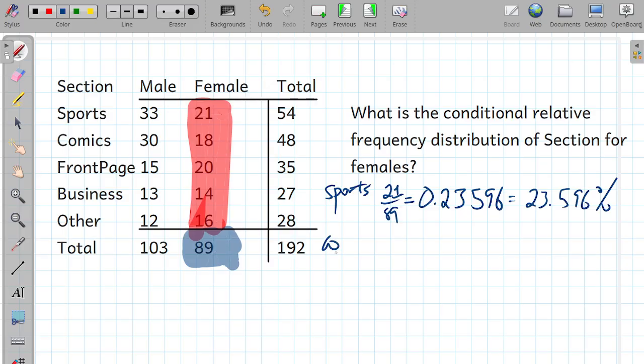Okay, not sure what happened there, but that doesn't look like a C. Let's try again. There we go. So comics are 18 out of 89. And that is 0.20225.